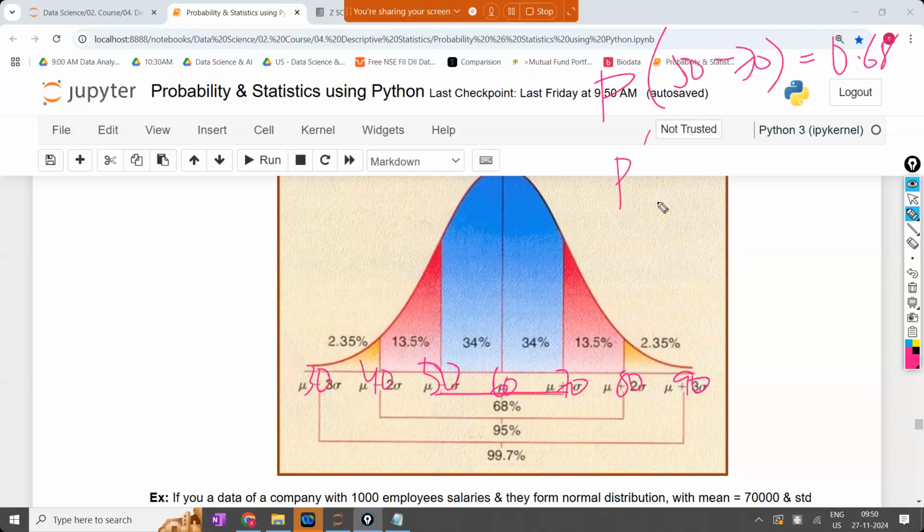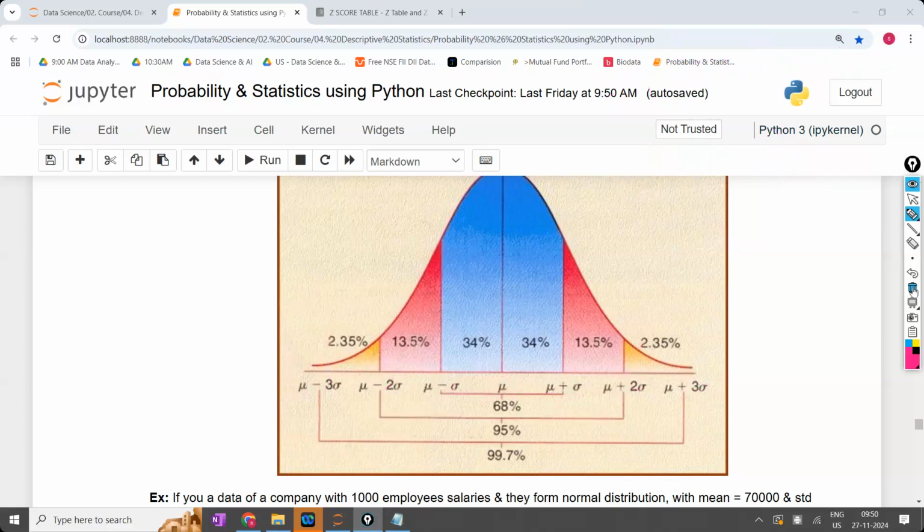Now, what is the probability of 40 to 80? In the earlier example, the answer was 0.95. How did you calculate it? First, you calculated the area up to 80 minus the probability up to 40, that is 0.97 minus 0.02. Can you see the same from 40 to 80? What is the answer? 95.